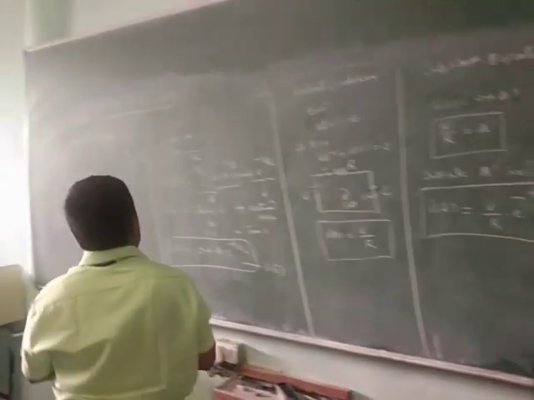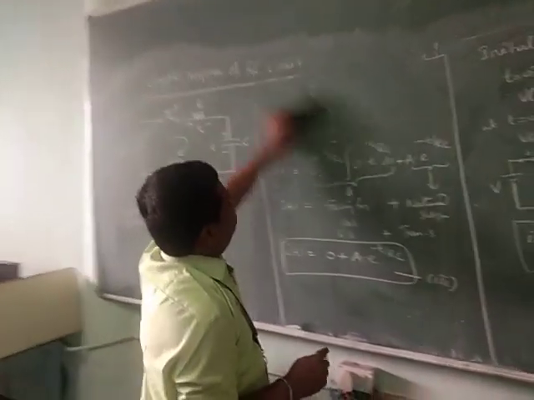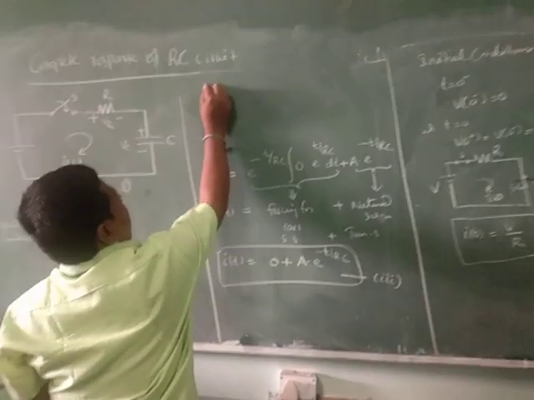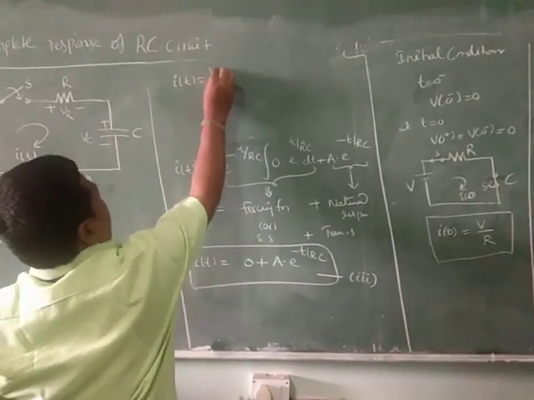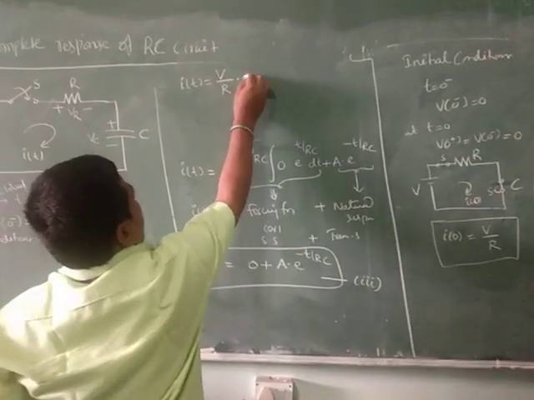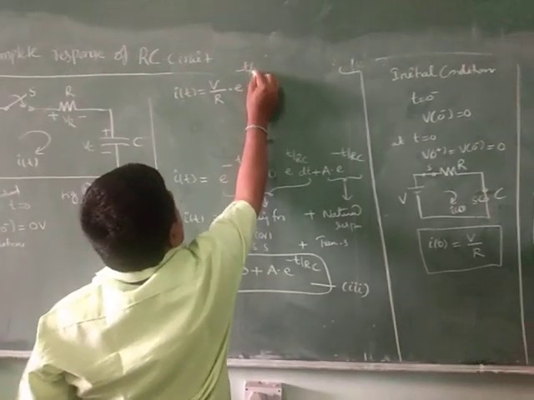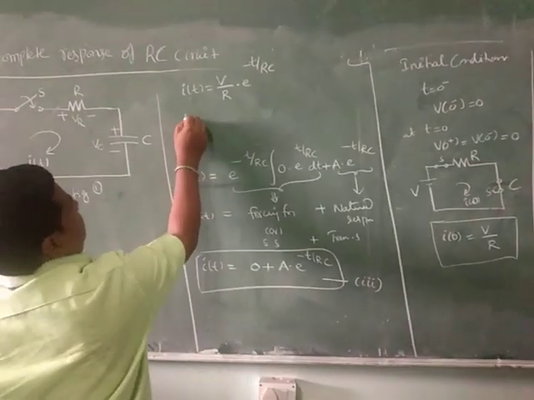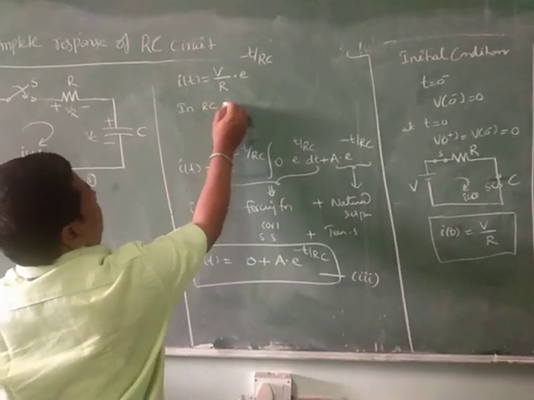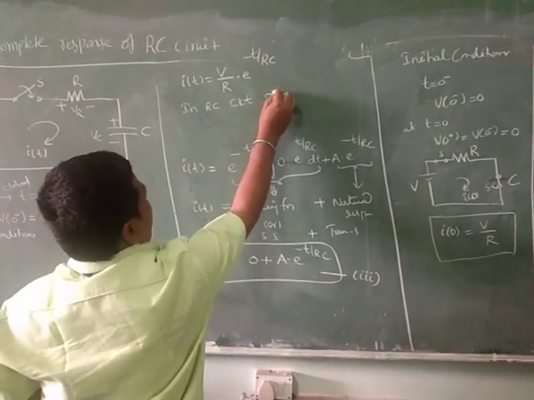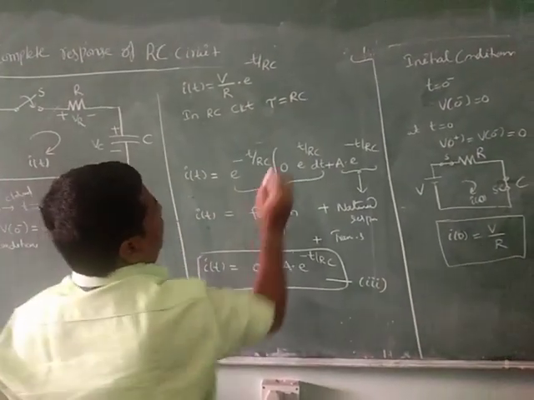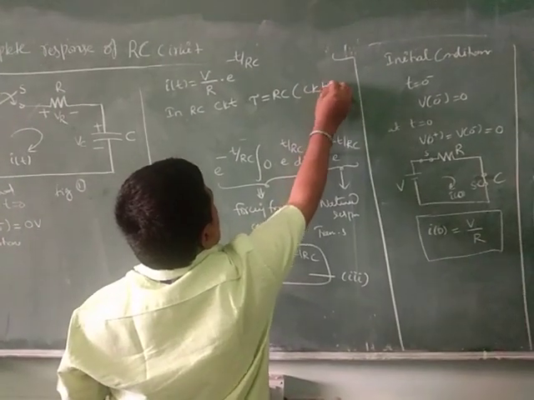So the current expression is I of t is equal to V by R e power minus t by RC. In an RC circuit, the time constant tau is equal to RC. That is the circuit time constant.